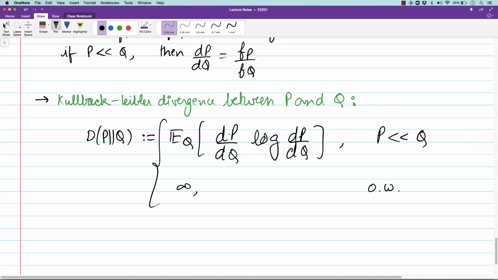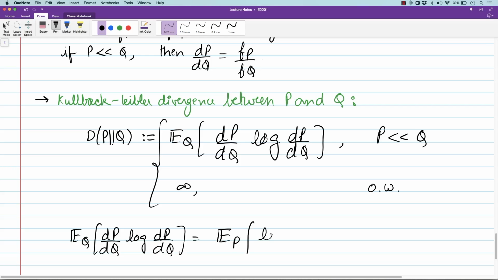That's the definition of divergence. But remember, when we multiply with this density, this expected value over Q of dP/dQ log dP/dQ is also equal to the expected value with respect to P of log dP/dQ. Because if you want to convert an integral with respect to P to an integral with respect to Q, you have to multiply with the density of P with respect to Q. So these two are equal.